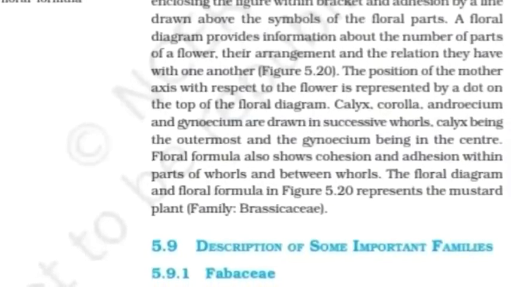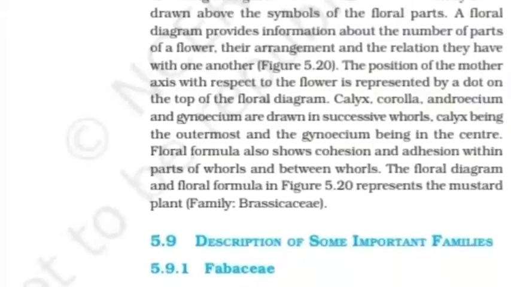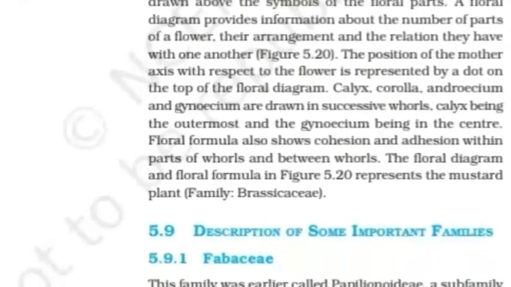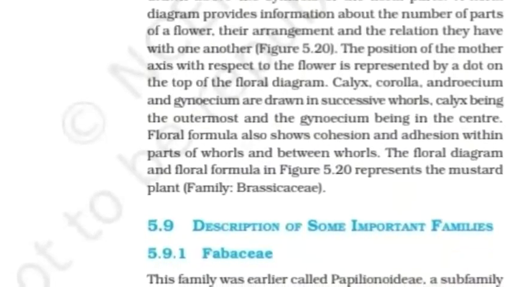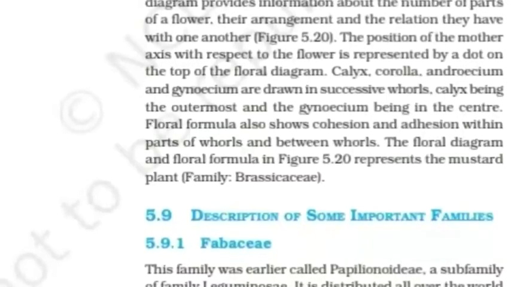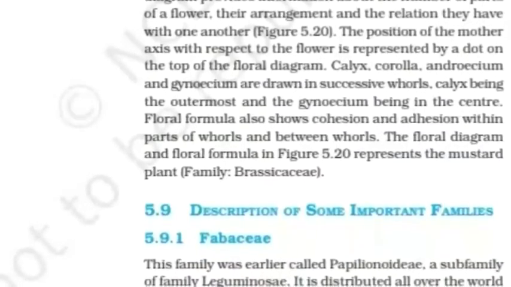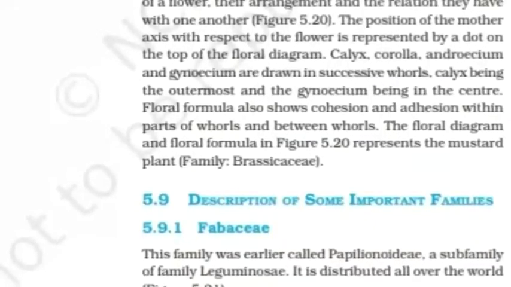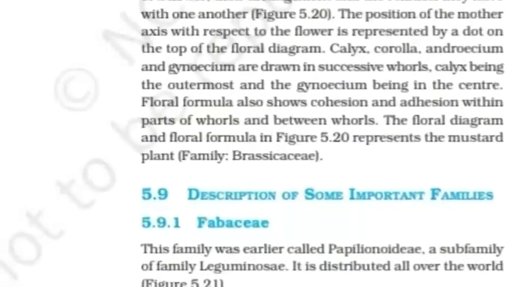The position of the mother axis with respect to the flower is represented by a dot on the top of the floral diagram. Calyx, corolla, androecium and gynoecium are drawn in successive whorls, calyx being the outermost and the gynoecium being in the center.